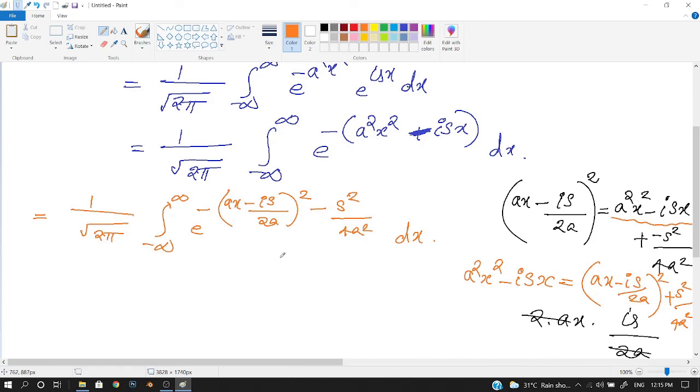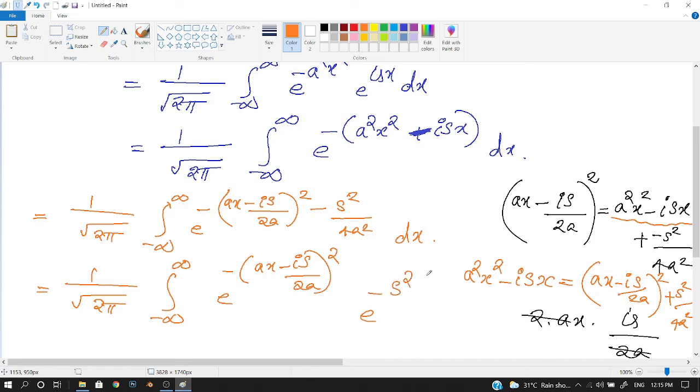Okay, now we can split that. So that is equal to 1 by root 2 pi integral from minus infinity to infinity e raised to minus of x minus is divided by 2a the whole square, then into e raised to minus s square by 4a square dx. Here you can see that this term is independent of x. Now you can take that quantity outside the integral sign.